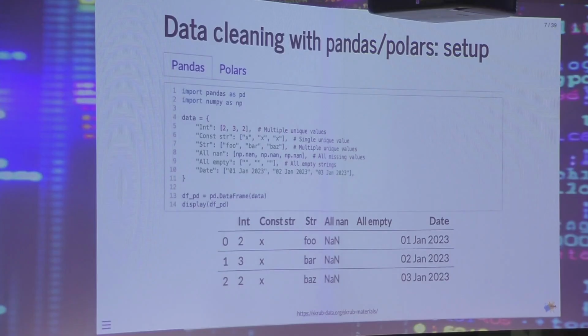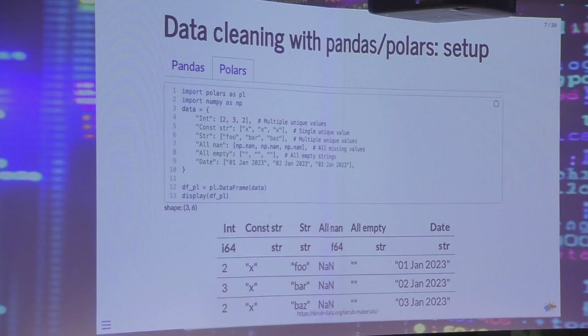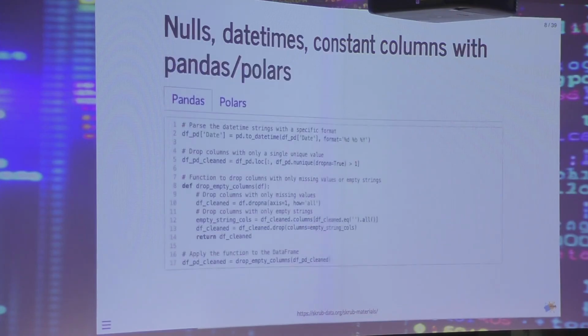Now that we have explored the data, I have this very small example that I've written in pandas and polars for the sake of it. Some of it is dirty columns, some are fully nulls. There is a weird date format. There are some columns that I want to keep. And just to give you an example of what it takes to clean it with pandas, this is what you have to do.